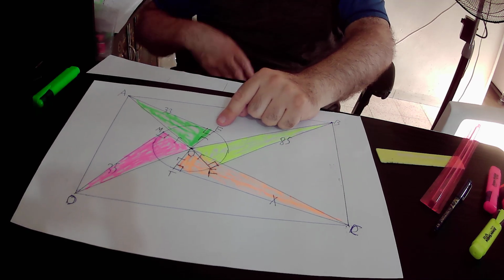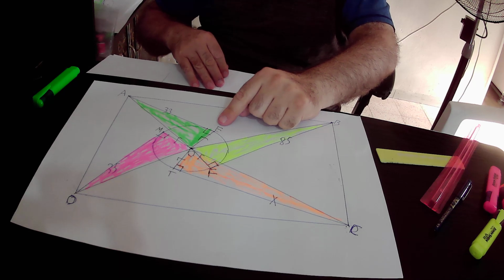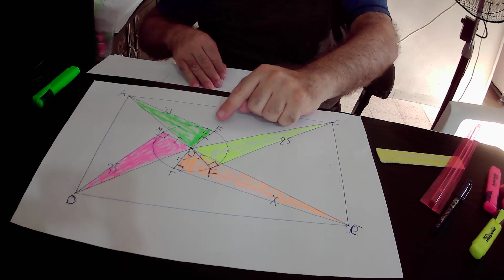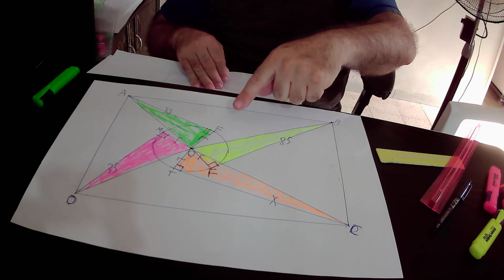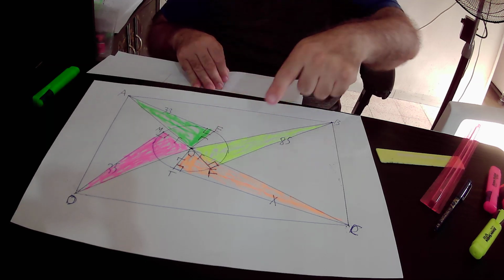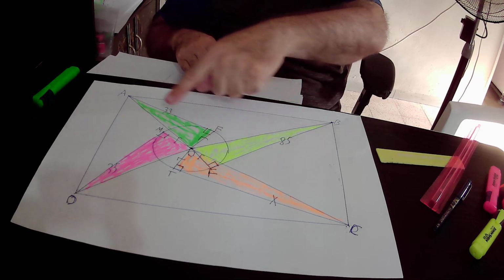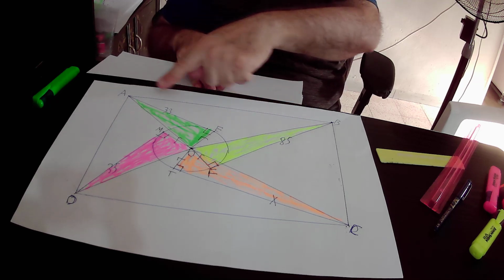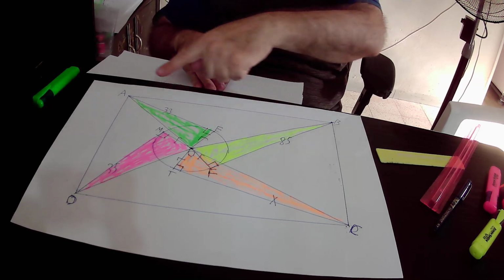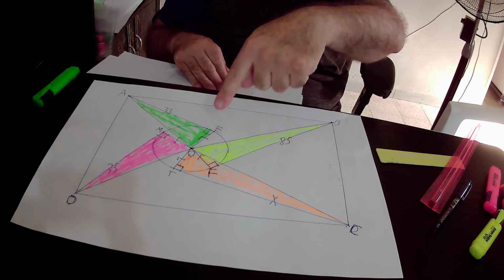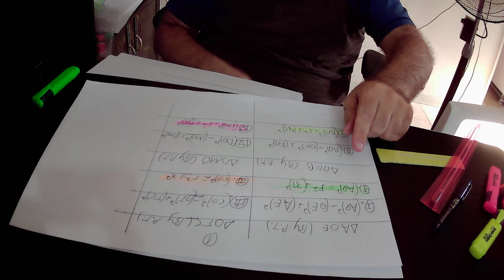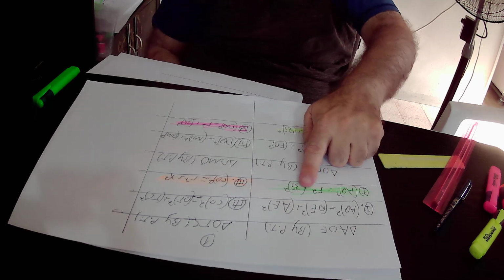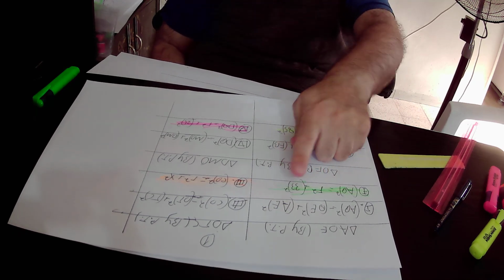In the green right triangle AOE, according to the Pythagoras theorem, the square of the hypotenuse equals the sum of the squares of the perpendiculars. That is to say, AO square equals OE square plus AE square. Repeat again: in the right green triangle AOE, AO square equals OE square plus AE square.